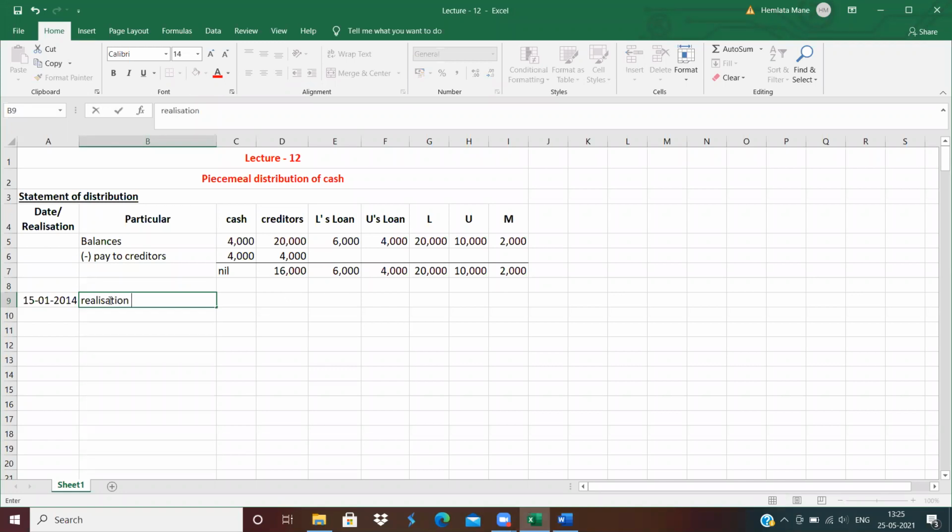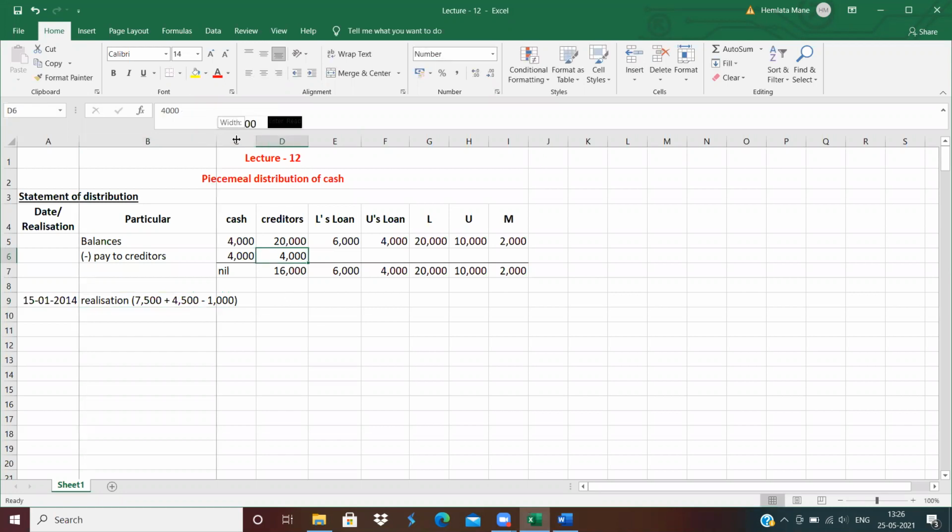How to calculate the realization? Debtors 7,500 plus stock 4,500 minus expenses 1,000. Now calculate the amount.